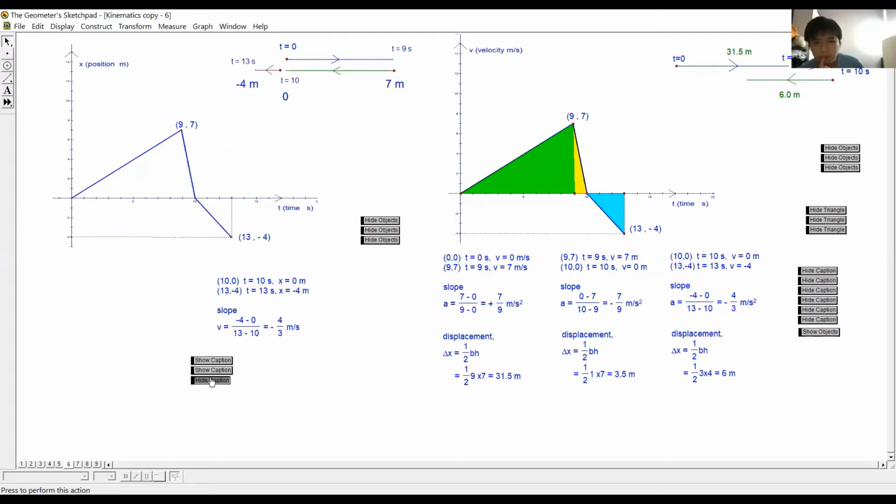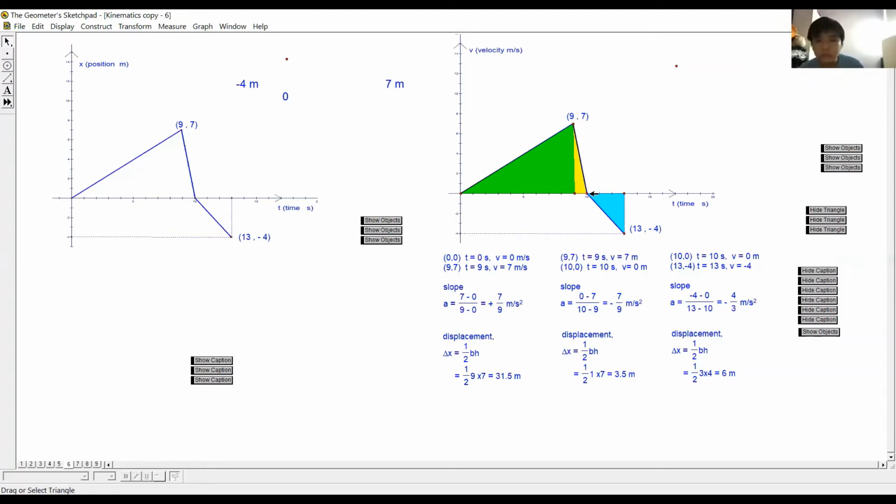There is a possibility that the line that we trace, whether it's a position time graph or velocity time graph, can cut the x-axis and go down below the x-axis.